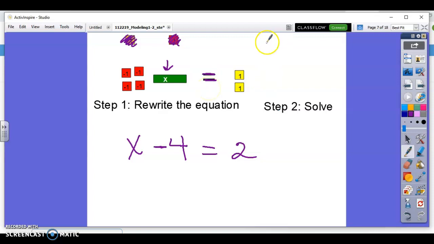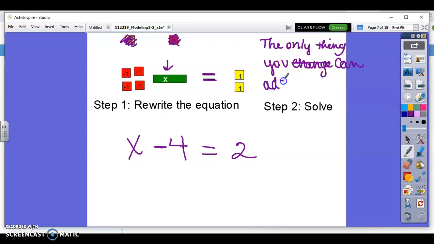So here's where you're going to write some notes. Whoops, that should have said the only thing you can add are 0 pairs. Because zeros do not change the value of anything.